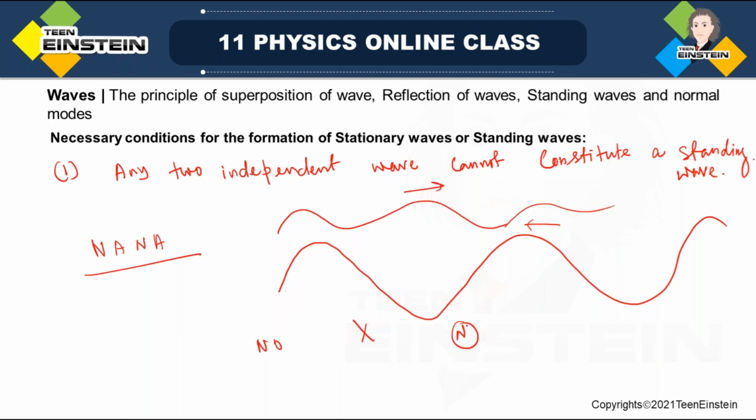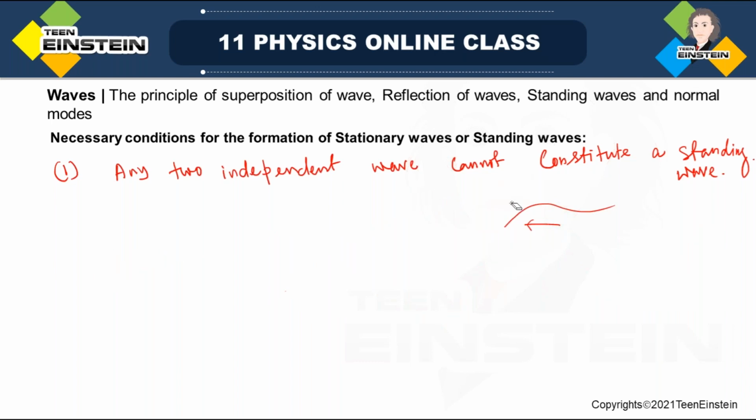You will get antinodes, but not nodes, if the amplitudes are not the same. If the frequencies are not the same, then nodes and antinodes will not be sharp. I hope you have understood. Nodes and antinodes are the characteristics of a standing wave, and they will not be created unless the waves are related to each other.